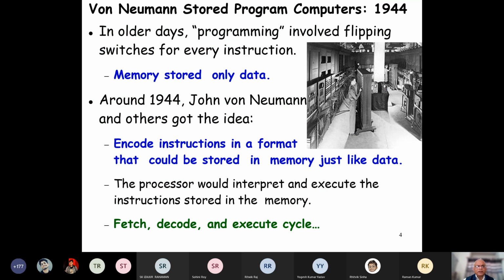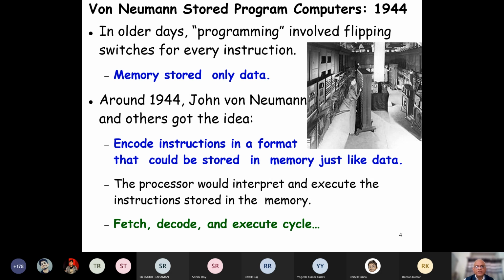Let's see what John von Neumann did. 1944. Okay, 80 years back, not 90. In the older days, before John von Neumann, a programmer would sit in front of a computer. Let's see this computer. See there, the programmer is standing here. And what is he doing? He is executing instructions.